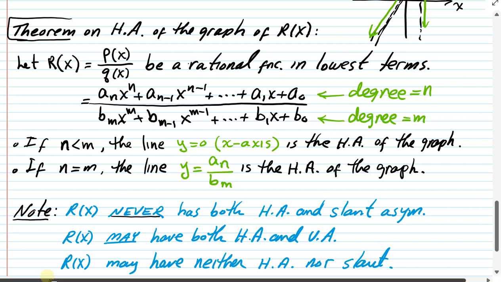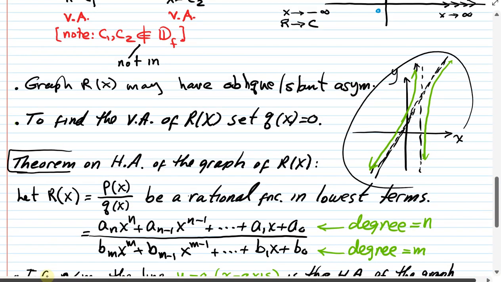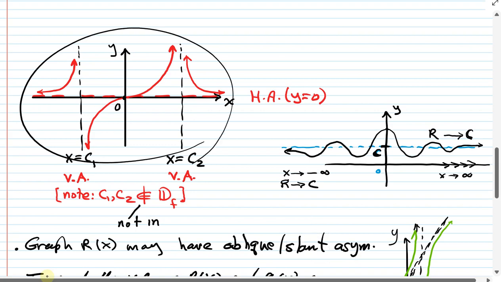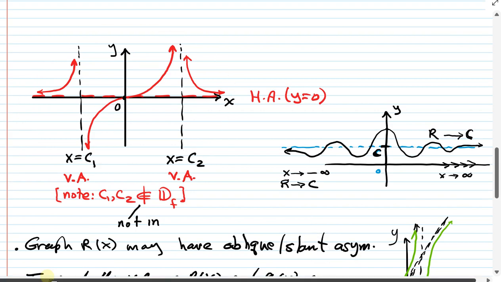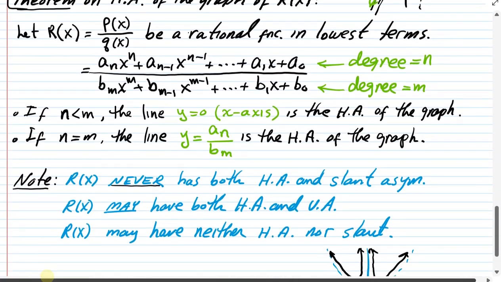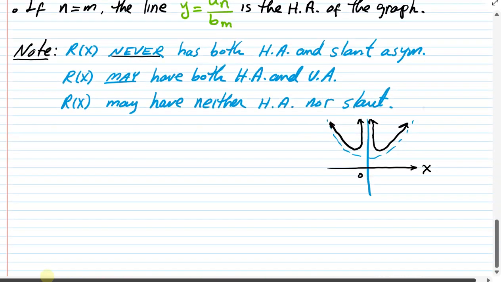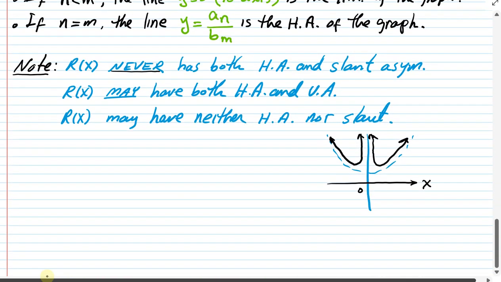Okay. Now the graph of the function may have both horizontal and vertical. Okay, or it could have slant and vertical like I have here. See, it has a slant and vertical. Up here it has horizontal and vertical. So that could be. And finally the graph may have neither horizontal nor slant.